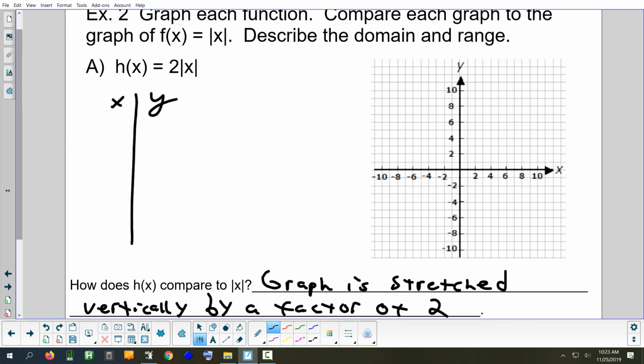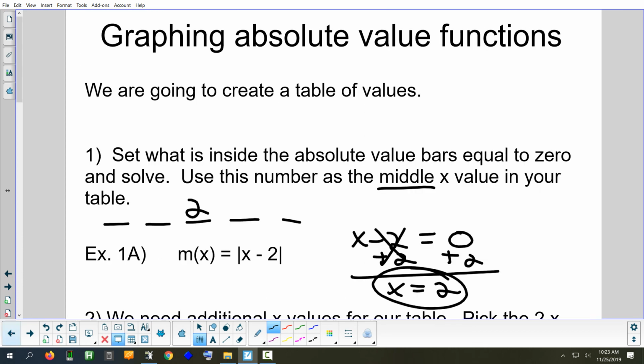Okay, how do I get the middle x value? What do I do to get the middle x value? James? Is it the absolute value of x? Yeah, take what is inside the bars and set it equal to 0.